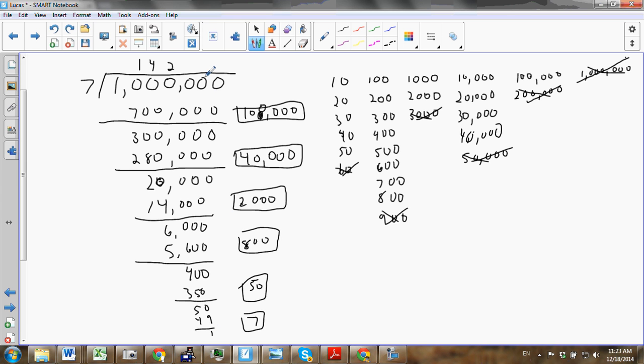You're left with 1. So let's see, we have a 2 in the thousands place. We have an 8, we took 8 hundreds of sevens out. We took 5 tens of sevens out. And we took 7 ones of sevens out. And we have a remainder of 1.